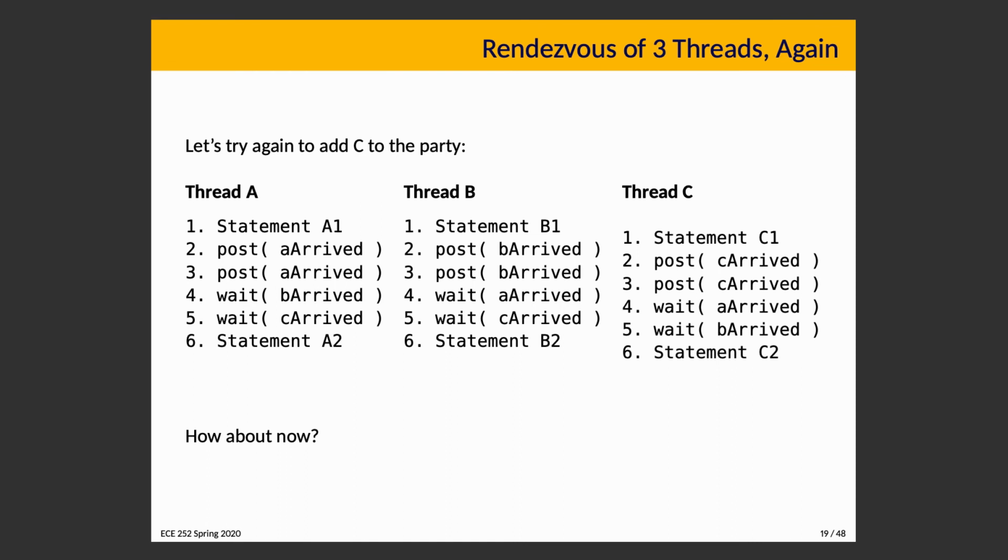I don't think I mentioned that before, which is that we need all of these threads to meet up to get to this same point, and so a rendezvous is, well, just like a barrier. In this case, they all have to complete phase 1 before any of them are allowed to go on to phase 2. And yeah, how would we generalize this?